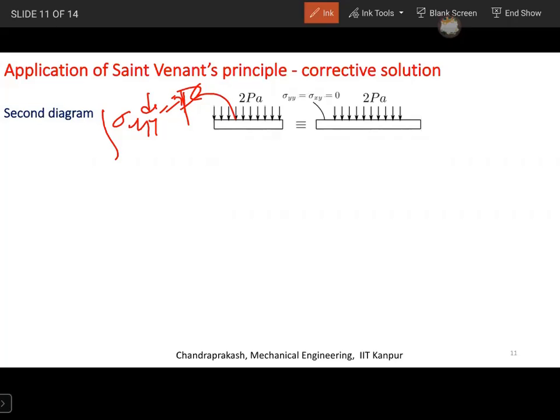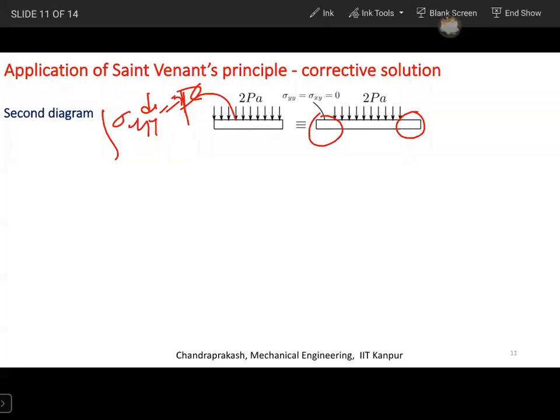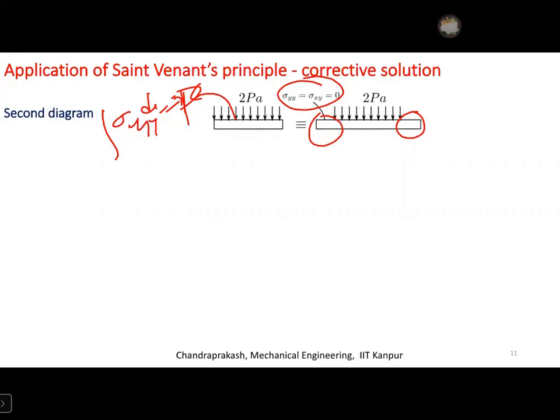Now all we are saying is, let me redistribute my load slightly such that I have some small region where sigma yy and sigma xy are both 0, so that my conditions are satisfied everywhere. That is the only change that we are doing, and everything else is the same. This is the additional term where sigma yy and sigma xy are 0.